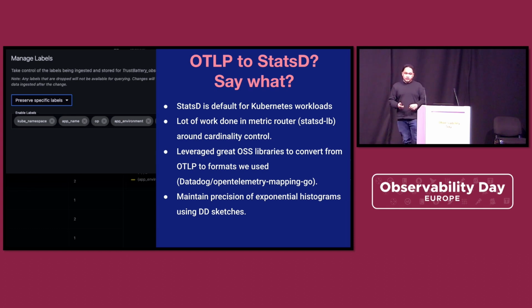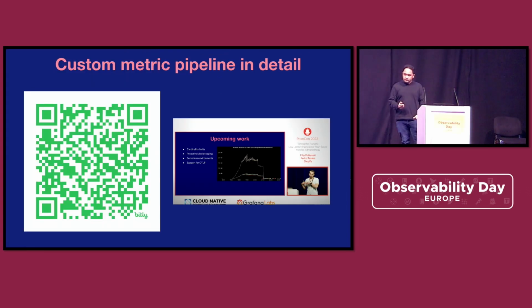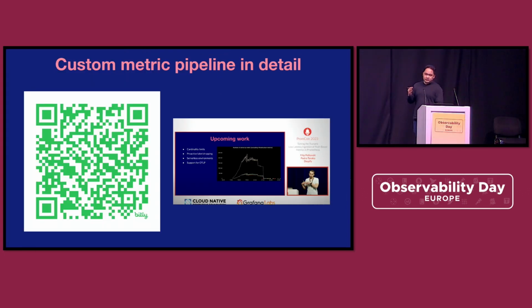DD sketch is an in-memory structure that allows you to aggregate histograms from different sources into one single structure, basically. If you want to understand more about our custom metric pipeline inside the clusters and the collection, we gave this talk at PromCon 2023, me and Philip, so you can take a look as well.